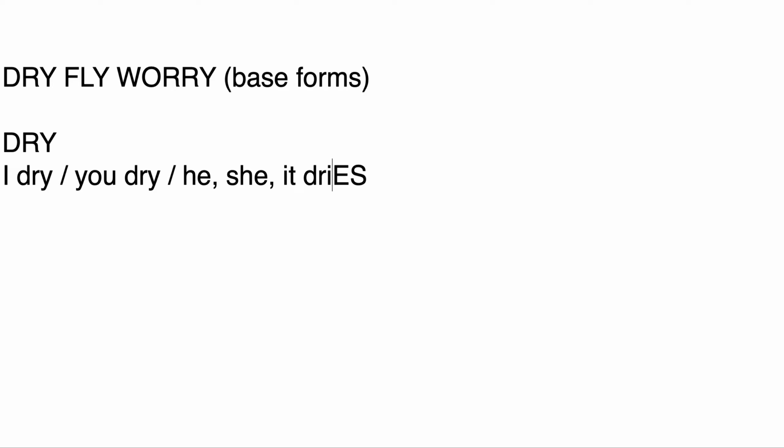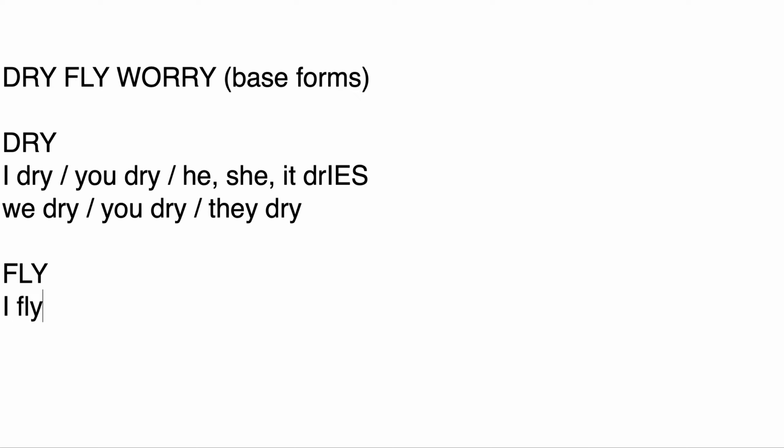I added an I in between here. We can't do this. This is not possible. So, cancel the Y, add an I. Okay? Followed by we dry, you dry, they dry. Let's do fly. I fly. You fly.